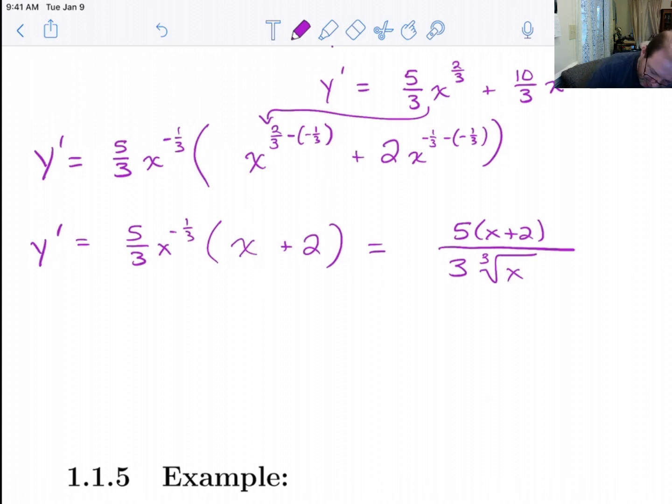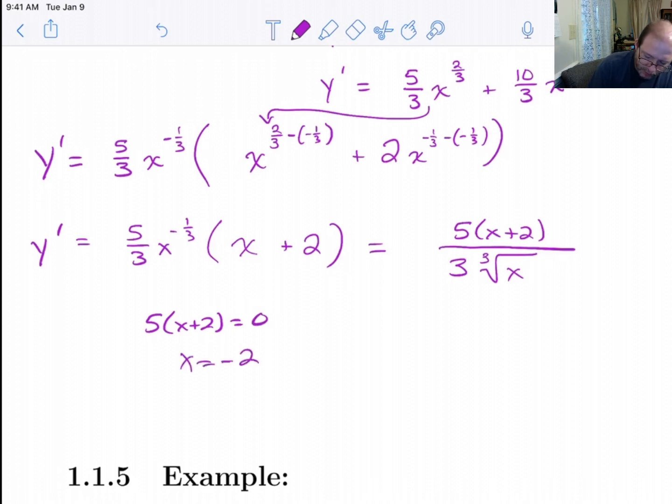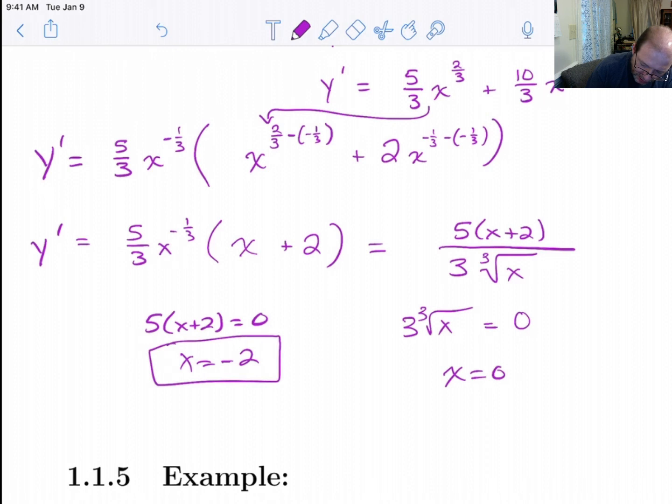Setting the top equal to 0 will tell us where the derivative is equal to 0. That's going to give us x equals negative 2. And setting the bottom equal to 0 will tell us where the function is undefined. So that just gives us x equals 0. So this function has two critical numbers, x equals negative 2 and x equals 0.